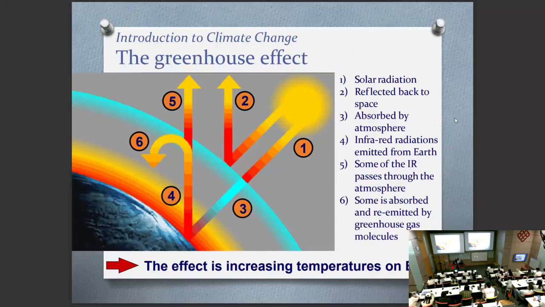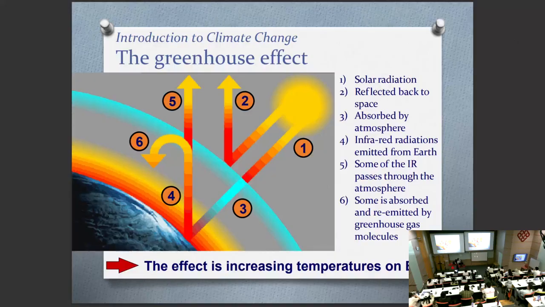The greenhouse effect is that in the atmosphere there are some greenhouse gases, like water vapor. Water vapor is also a kind of greenhouse gas. And also carbon dioxide and others. The greenhouse gases will absorb radiation and warm the atmosphere and the Earth's surface. Number one is solar radiation.